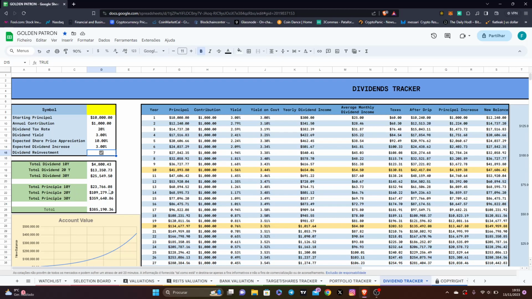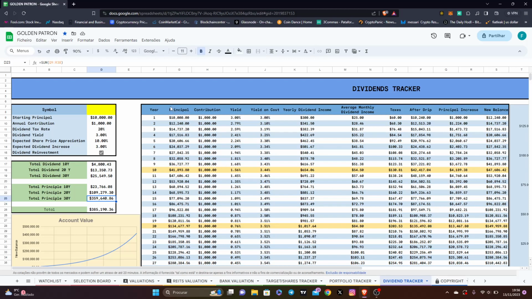Total principal would come to 23,000 after 10 years, 109,000 after 20 years, and 359,000 after 30 years, from a mere initial $10,000 and $1,000 contribution. And I think this is very possible for anyone.